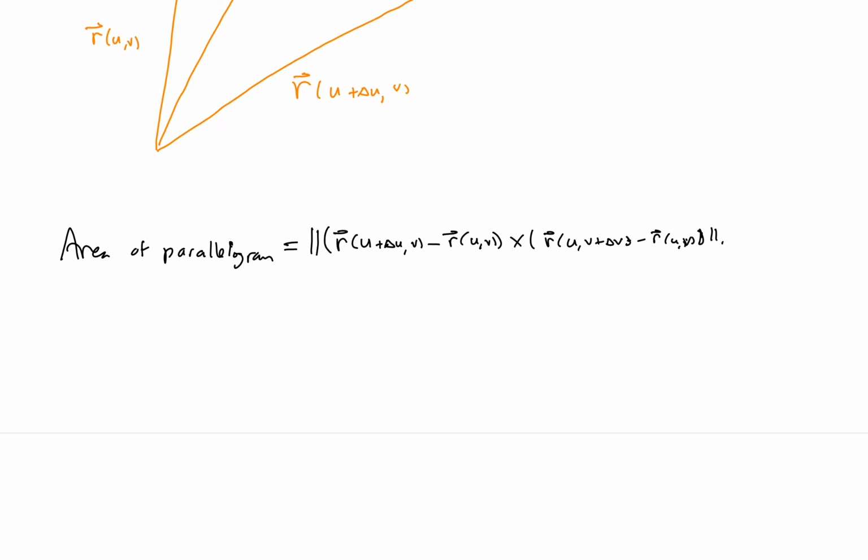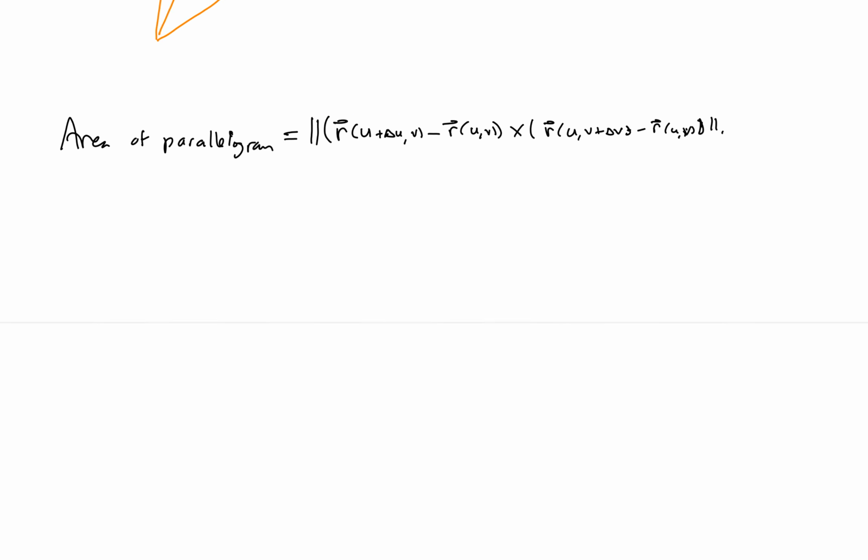This obviously isn't the best way to calculate this. So if we look at each of these terms, we can see they look something like a partial derivative. So we would have r sub u at u v is approximately r of u plus delta u, v minus r of u v over delta u, right? Because the partial derivative would be just taking that limit as delta u goes to 0.